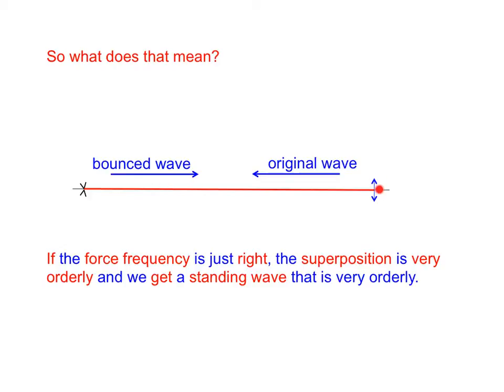But because the jiggle continues, you have the original wave continuing, and so you end up with two waves moving in the opposite direction on the same medium, and they will superimpose in a very orderly way if the frequency of this force matches up with one of the natural frequencies of that string system. And what that means will become evident shortly, if you don't already know.